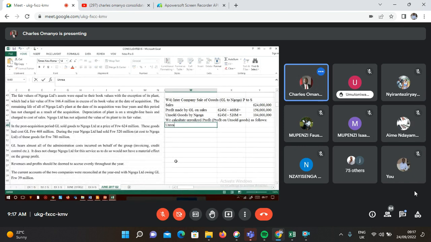Unrealized profit will be equal to 104 million, the unsold goods, divided by the total goods of 624 million. What am I trying to get there? I'm trying to get the percentage of goods unsold, times the profit of 156. So that out of this profit of 156, we need to know what was unsold and what was sold.